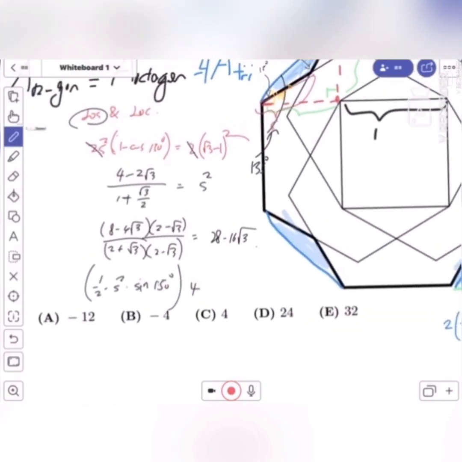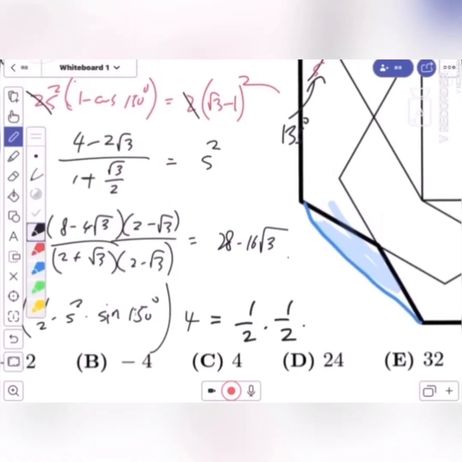So multiply this by 4, we're going to get 1/2 times sine of 150 degrees, which I believe is 1/2. Equals 1/2 times 1/2 times 4 times s squared, which is just equal to s squared.